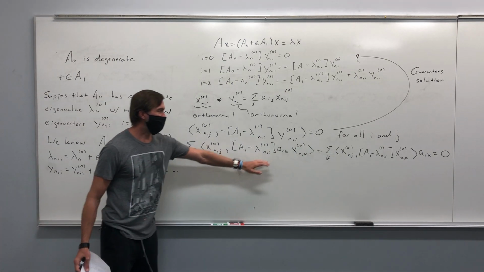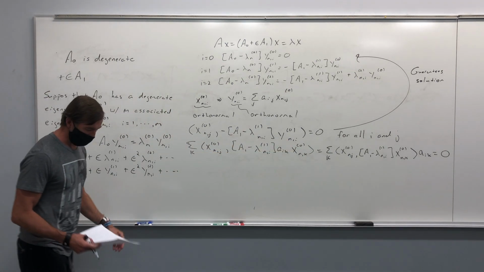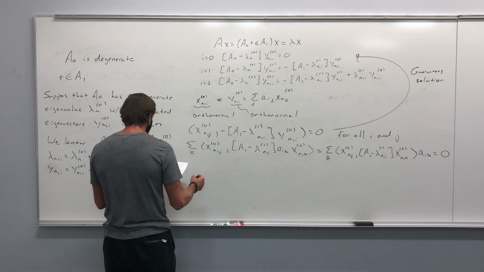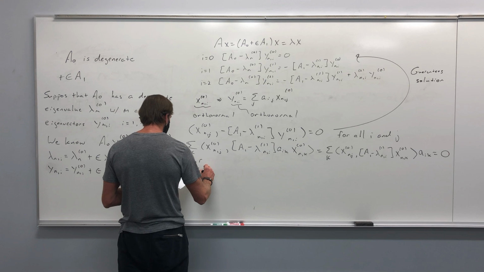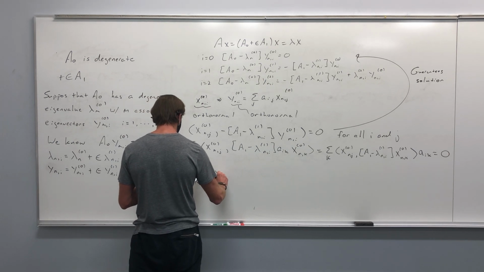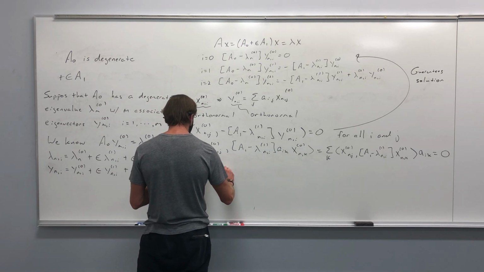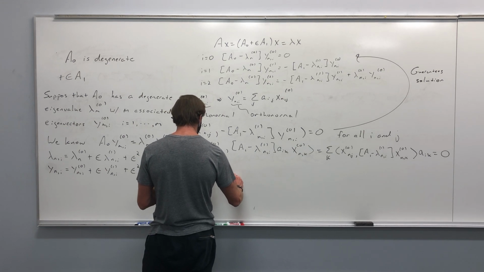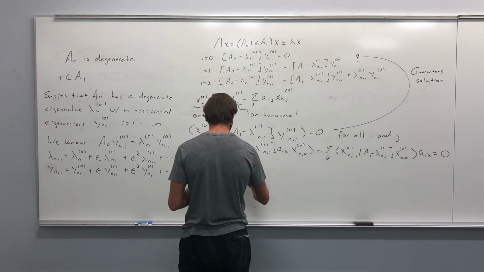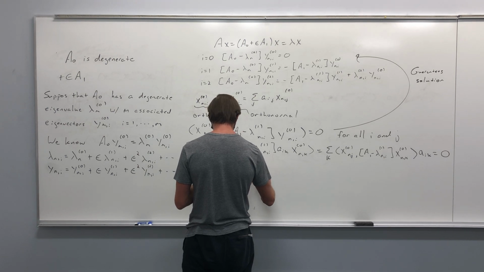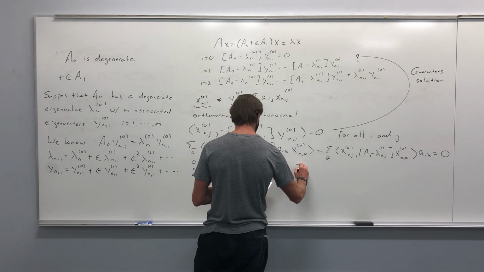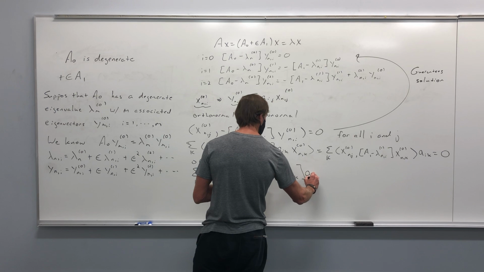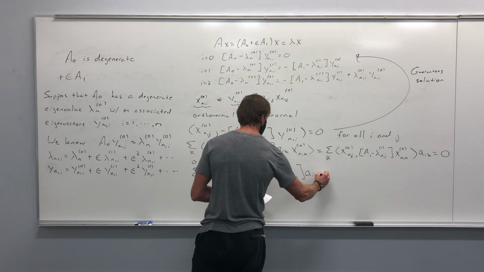I really don't know why I didn't just erase this and put that outside. Anyway, we can rewrite this as the sum over k of x and j, 0, a1, x and k, minus lambda n, 1, i, delta jk, aik, equals 0.